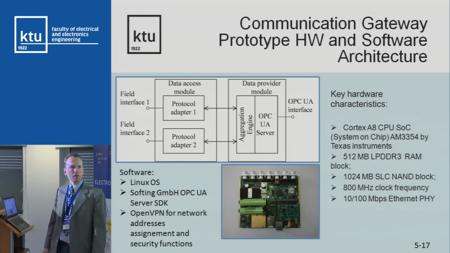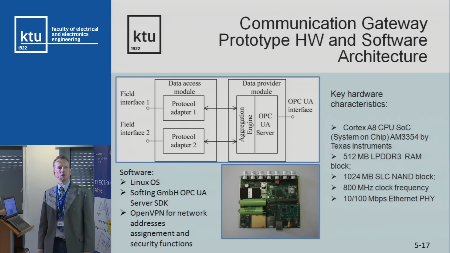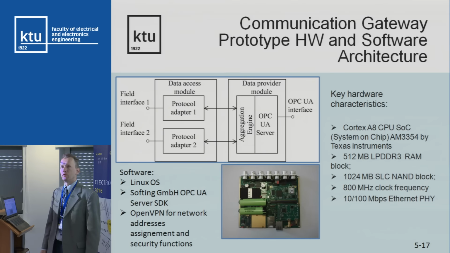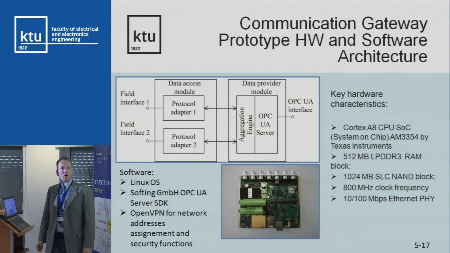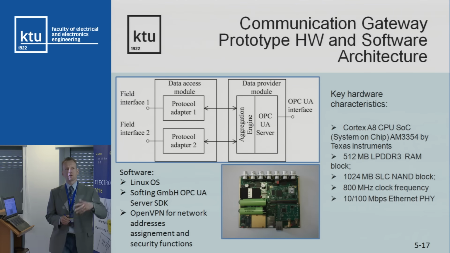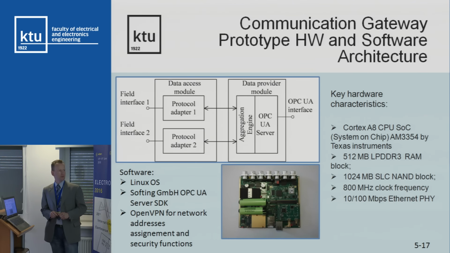This is a Cortex-A type processor from Texas Instruments with a particular clock frequency and some memory. We could say this is a typical device, the state of the art of today, maybe not tomorrow, but today it is very typical, and Texas Instruments itself declares that type of processor as very typical for devices like Internet of Things gateways.